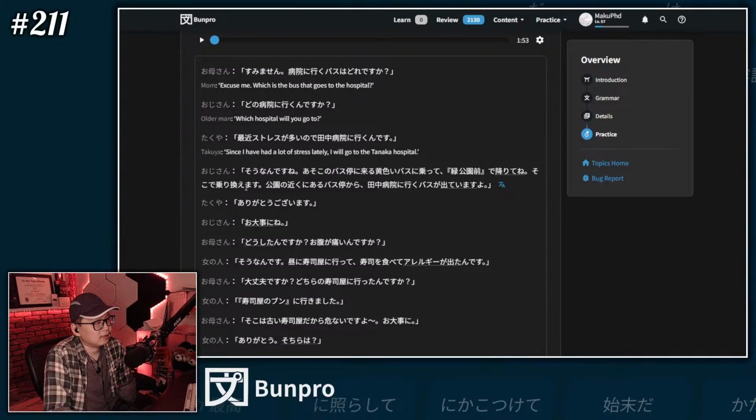Like, then you take a turn, like, then you transfer there.